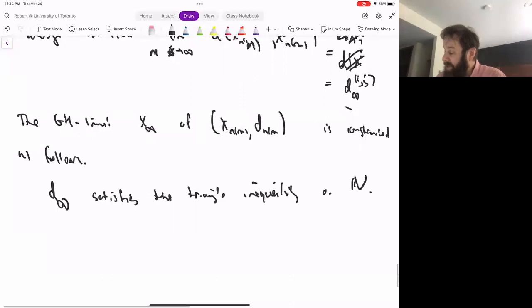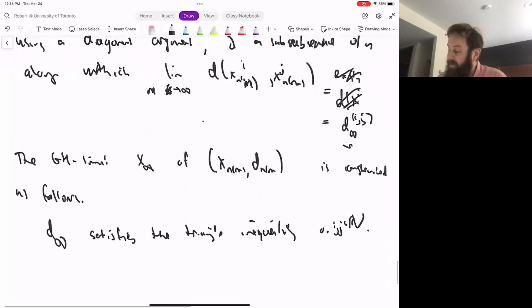So the infinity distance between i and j is less than or equal to the infinity distance between i and k plus the infinity distance between k and j, for any natural numbers i, j, and k. So it basically inherits the triangle inequality from these dnm.